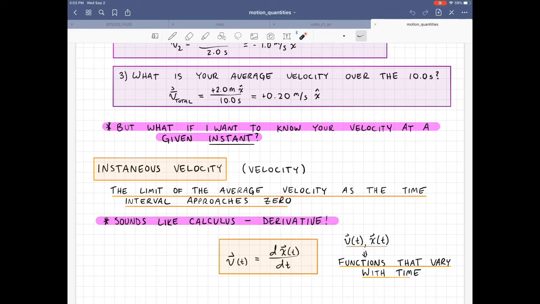And so the instantaneous velocity is the derivative of the position vector with respect to time. And so v of t and x of t, our position and velocity vectors, are functions of time. And this is essentially the idea of motion. We want to see what happens to the position as time evolves. We want to see what happens to the velocity as time evolves. And so these functions are functions of time.